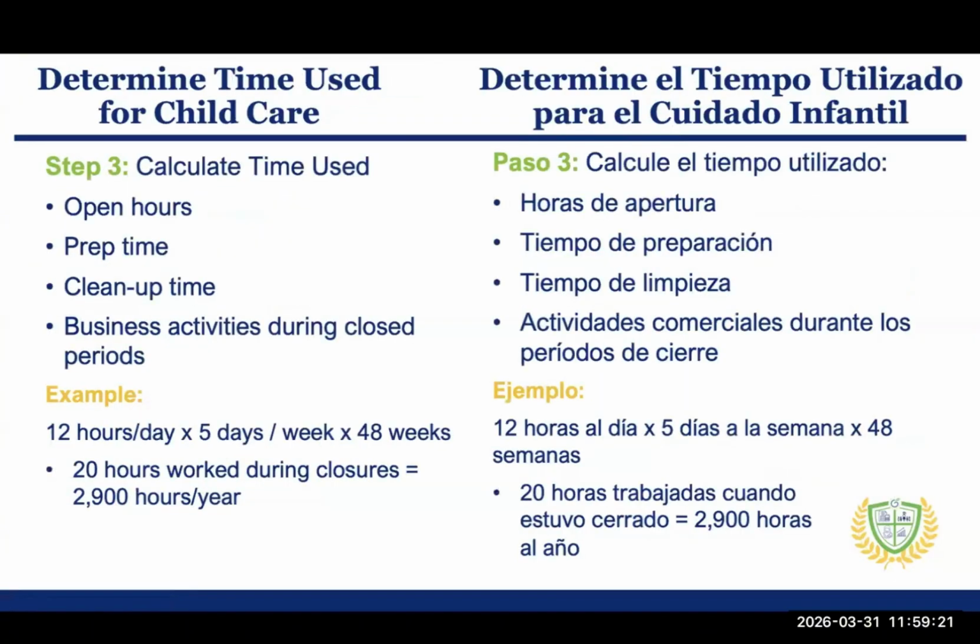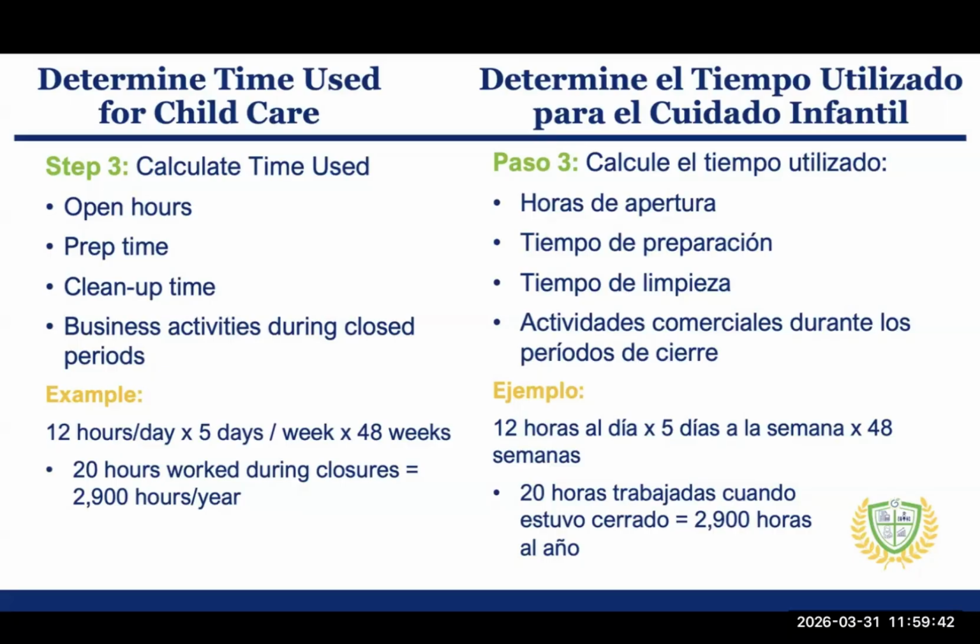Step three, we want to calculate the time. So what do we need to include? First, open hours, then prep time, cleanup time, and also business activities during closed periods. So let's say we add all of those things up.